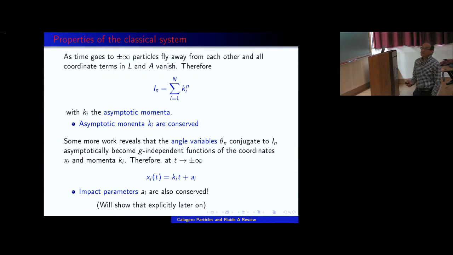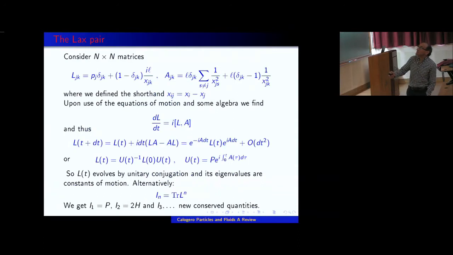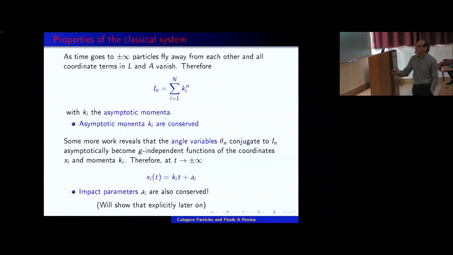The integrals of motion, however, are constant no matter where the particles are. Therefore, in that case, if you look at the form of that matrix, these x's will go to infinity. This matrix becomes diagonal, containing just the momenta. So these integrals of motion just become the sum of powers of the asymptotic momenta.